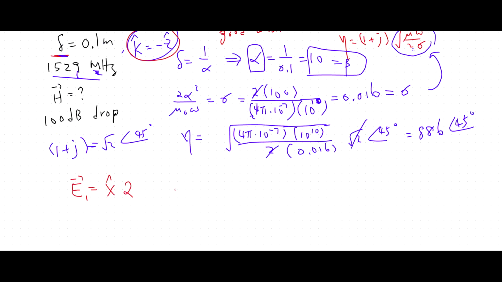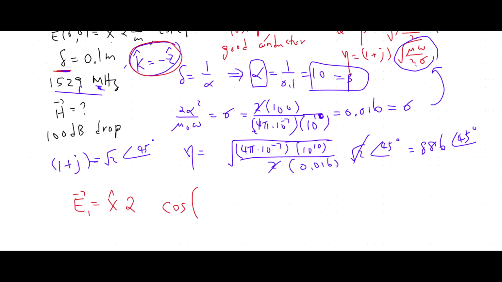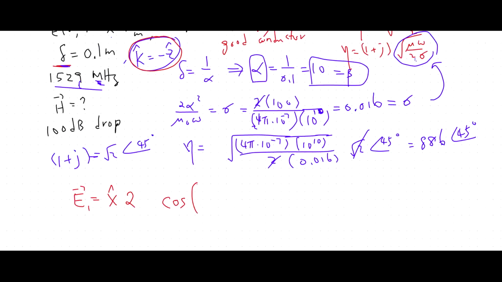Omega t, what is omega? 10 to the 10, right? Minus k dot r, what is k? Omega divided by velocity, yeah?